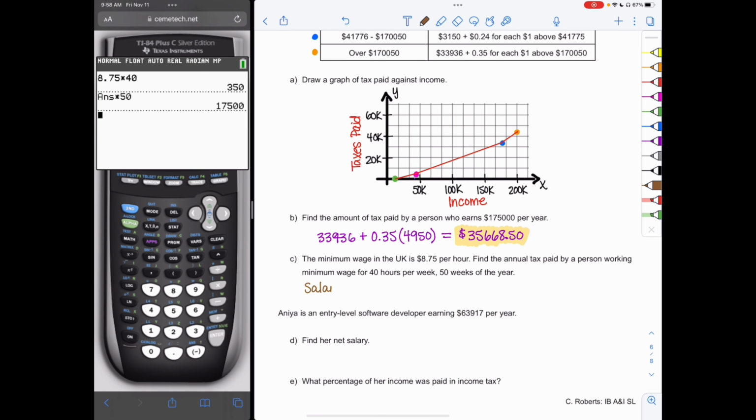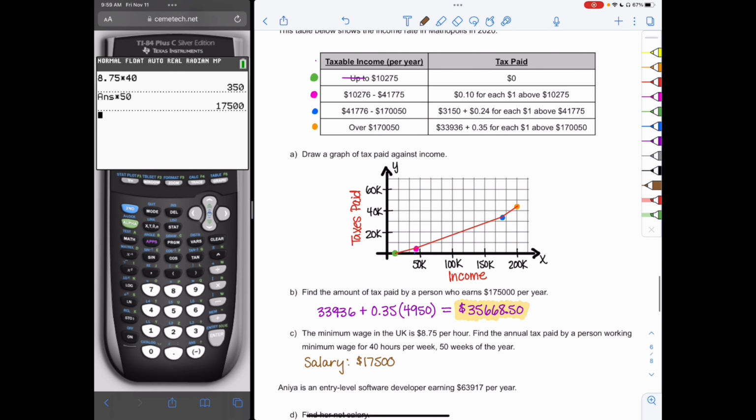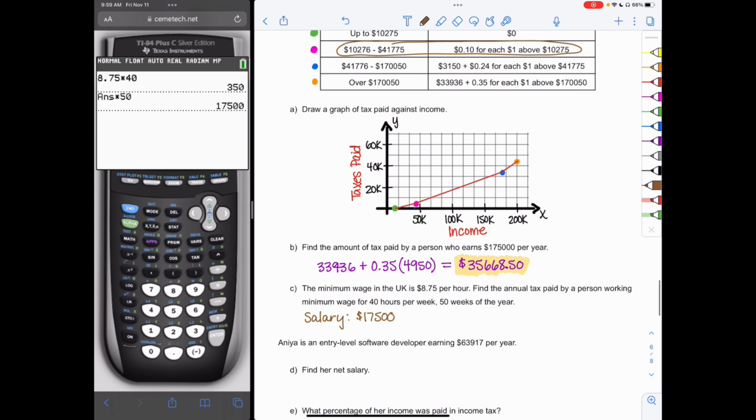$17,500. So if I look at this salary of $17,500, then I would fall in the second tax bracket category. So I would have to pay 10 cents for each dollar that's above 10,275.